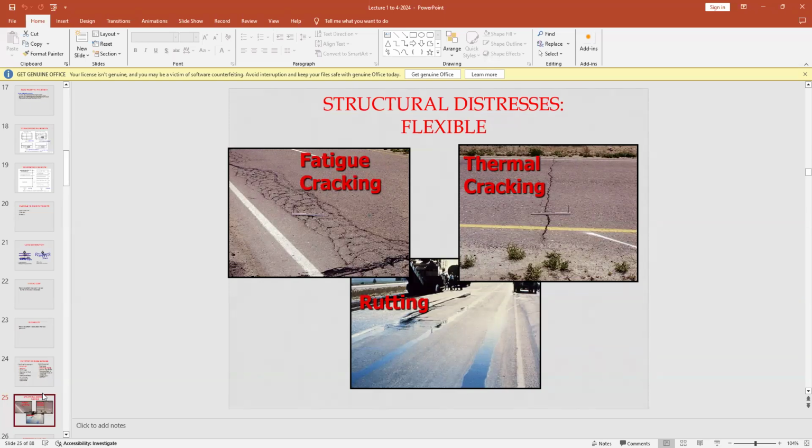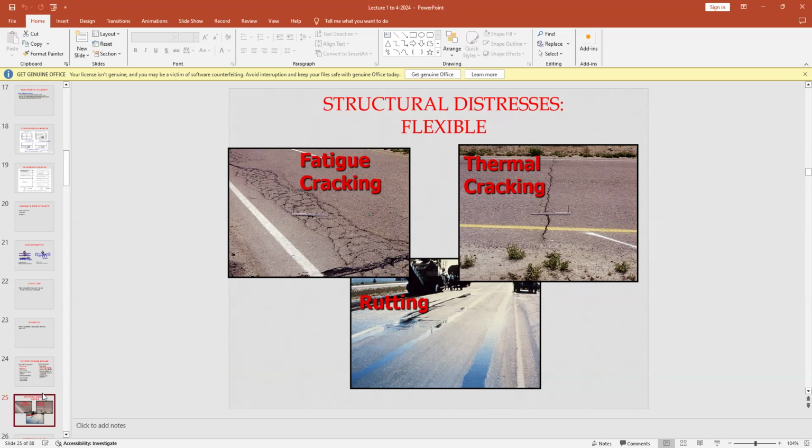Normally you think the freezing temperature is below 0 degrees centigrade, but the thermal cracking is survived because the coefficient of linear expansion of asphalt concrete is 10 times less than that of cement concrete. So that's why we don't need a transverse joint. But if you have a consistent temperature below minus 10 degrees centigrade, this thermal crack does occur.